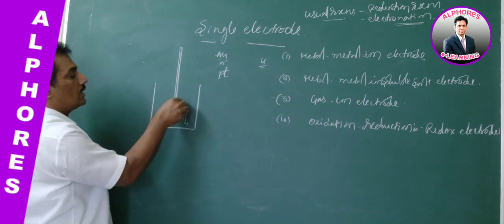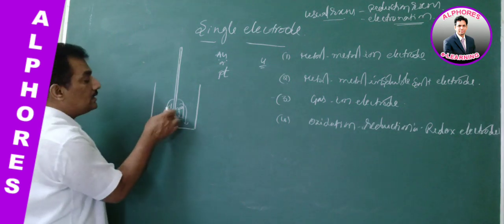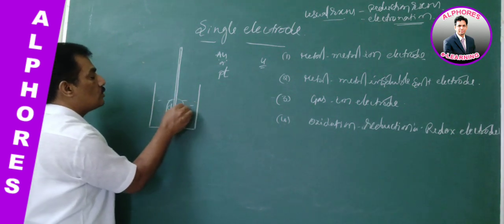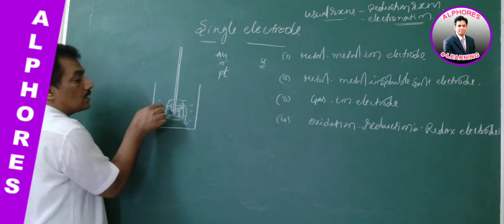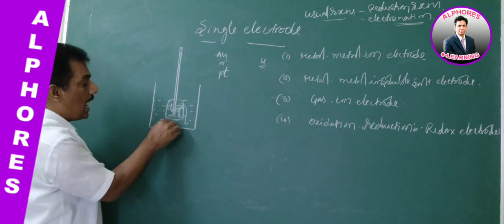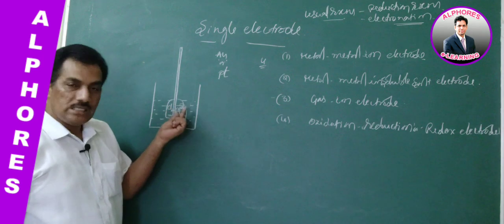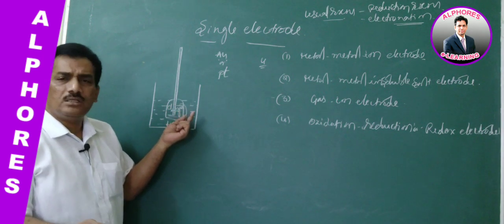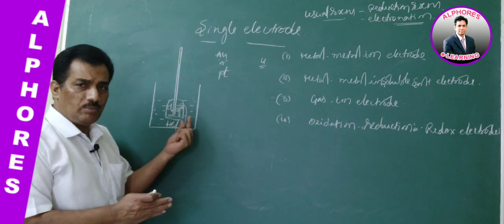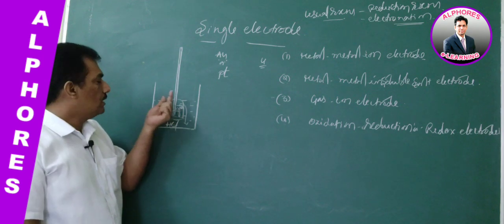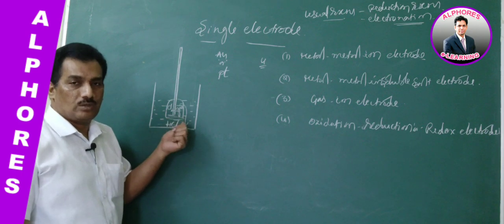Say for example, if we are considering chlorine gas, this gas is made in contact with the solution or electrolyte, in which this gas is reversible with the ions that exist in the solution. For example, chlorine gas is taken. Reversibility is nothing but when there is a common ion effect, a reversible reaction will happen. That's why simply we can say that the gas and its anionic part in the liquid solution is the electrolyte.